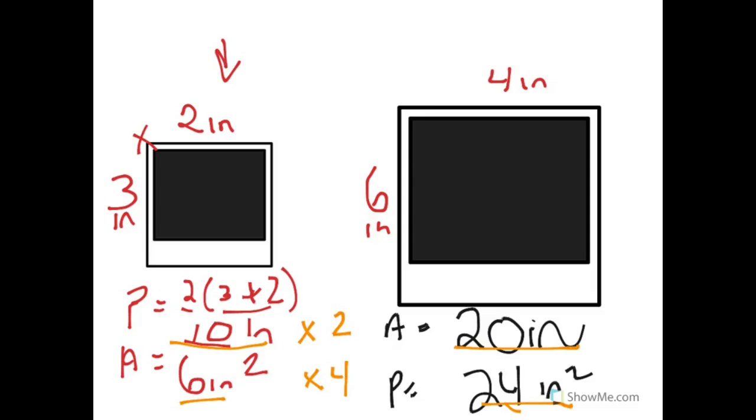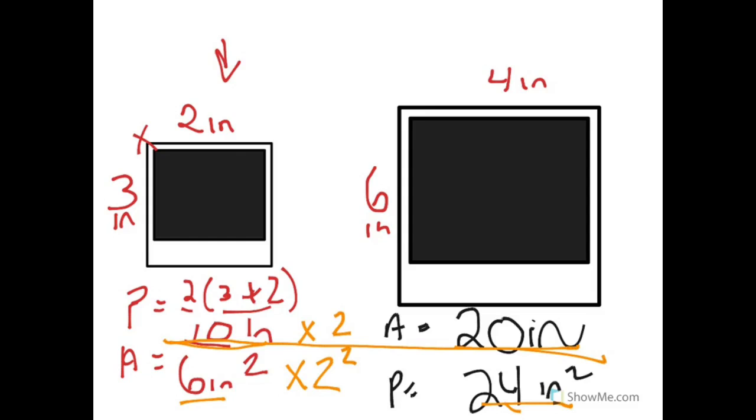It's not always going to be multiplied by 4. The area change depends on the perimeter change. So in actuality, you can look at this as the perimeter, you multiply by 2. In this case, you multiply by 2. And the area, you multiply by the same, except squared.